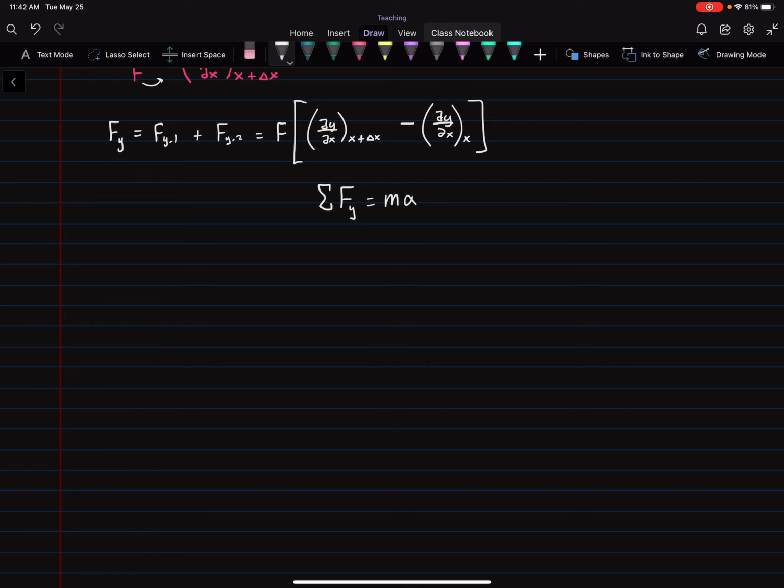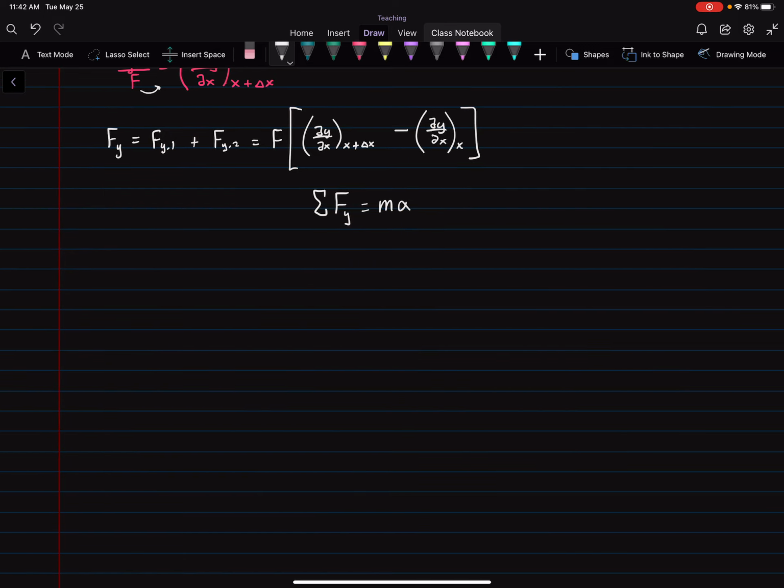So if we rewrite the above, but sticking in mass, we have the total y component of the force, the net force, dy/dx at x plus delta x minus dy/dx at x, is equal to ma, and our m is mu times delta x, and our a would be d squared y over dt squared.